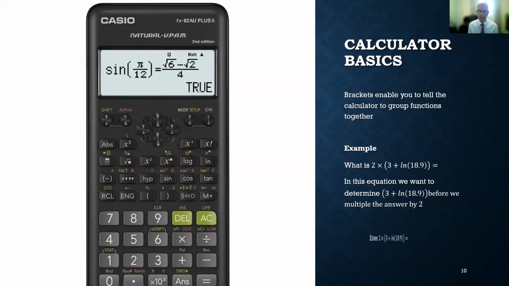So the way we do that on this calculator is we enter, just as it appears on the screen, 2 times, open bracket, 3 plus ln, open bracket, 18.9, close bracket, close bracket, equals. When we do that, we'll get the answer of 11.878323884. If we end up with something different, again, go away and check with the manual for the calculator, but this is my understanding as to how this should work.